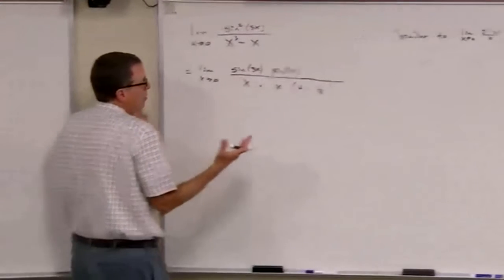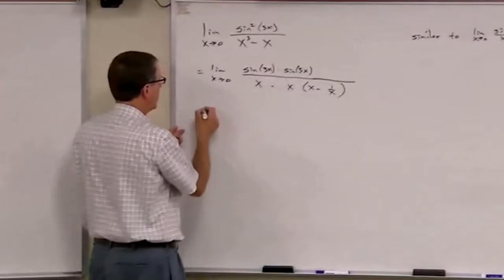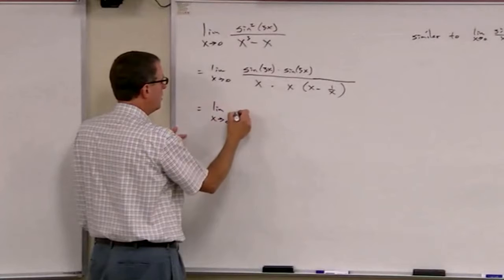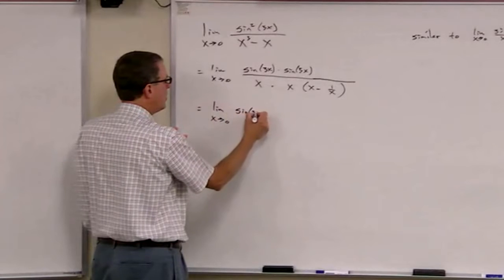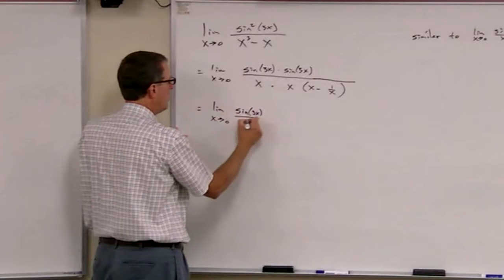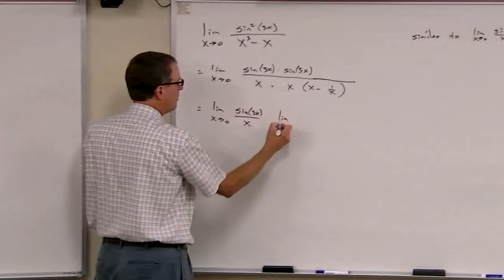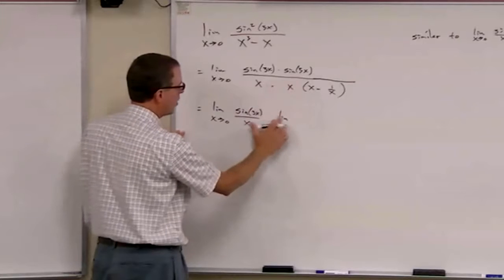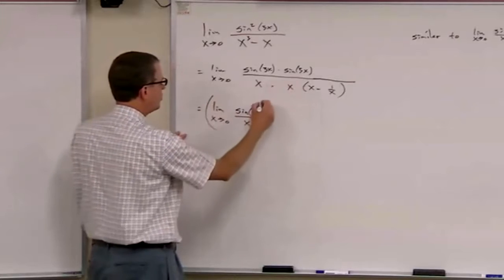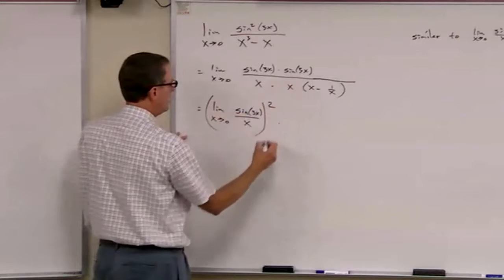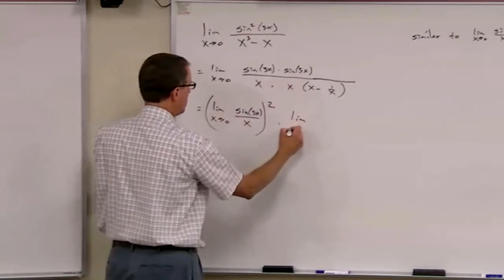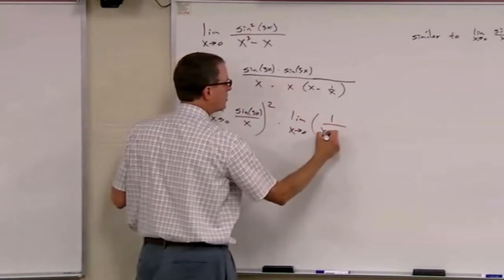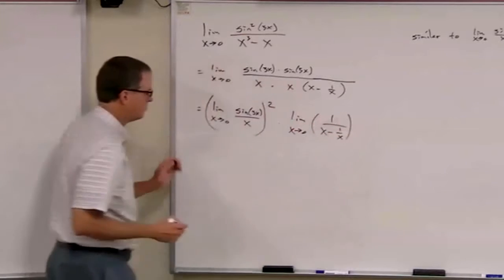Now we'll use the product rule, I guess. So the limit as x goes to 0 of sine of 3x over x times the limit. In fact, we got the square of that, so I'm just going to square that whole thing. We got two of those, so I'm just going to square that. And times the limit as x goes to 0 of 1 over x minus 1.